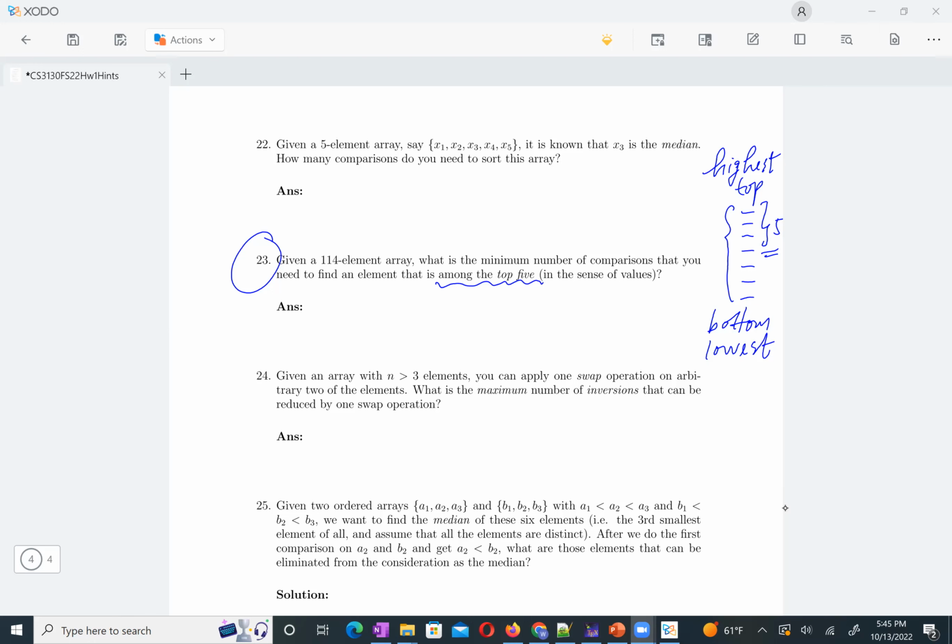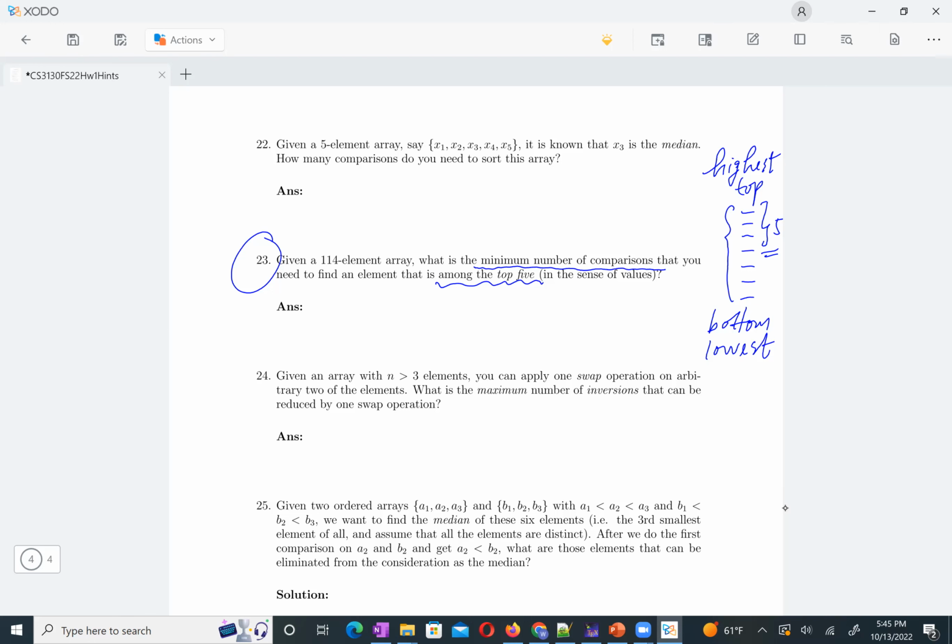You just find one that is among the top 5, you may use too many comparisons. Our goal is to find the minimum number of comparisons to find this answer.